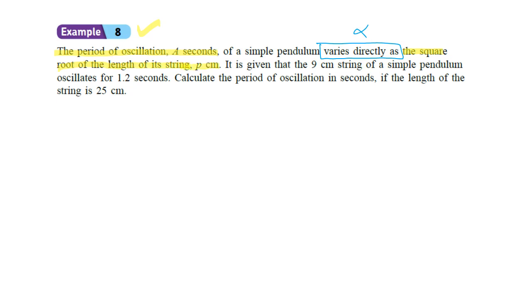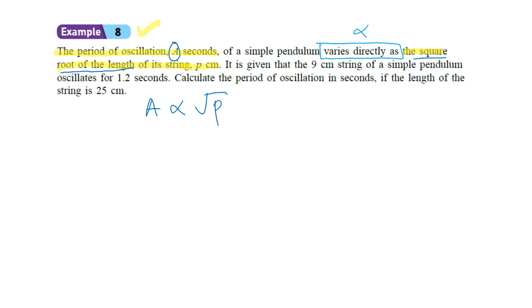Okay, you have to write it like this in the symbol form. So your A varies directly as the square root of length, so square root of length is P.